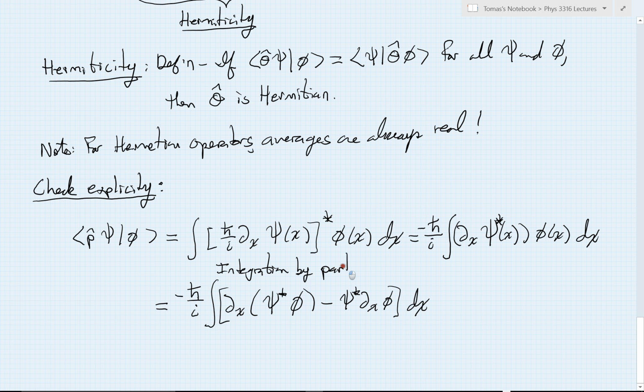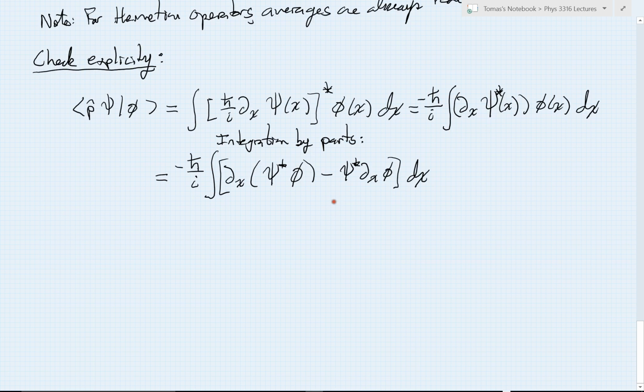Now, what makes this whole thing work is that now I have an exact derivative, and that's easy to integrate. It just gives me the function back again. So the net effect that I have now is h bar over i. I then have a sum of two terms. The first term is just my function back again, psi star phi.